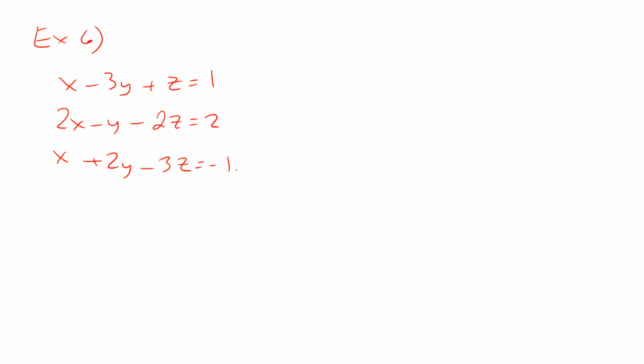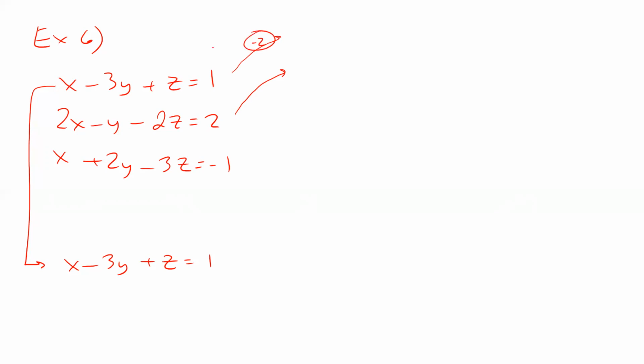All right, so first things first, do I have a coefficient of 1 for the x in my top equation? Yes, love it. All done there. This gets me x minus 3y plus z is equal to 1. Now, to get rid of these two right here, I'm going to multiply the top by -2.